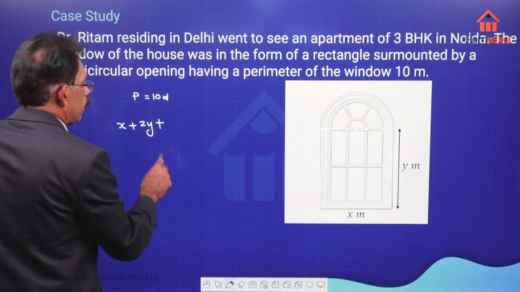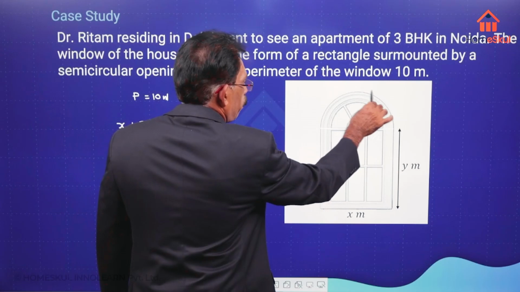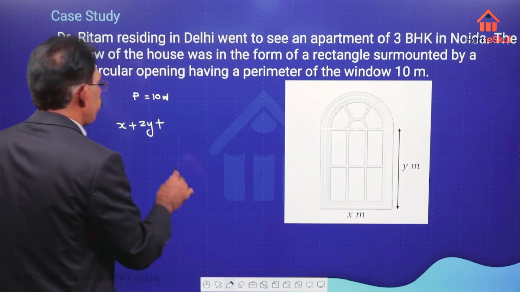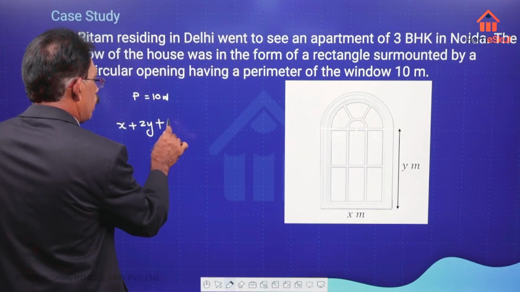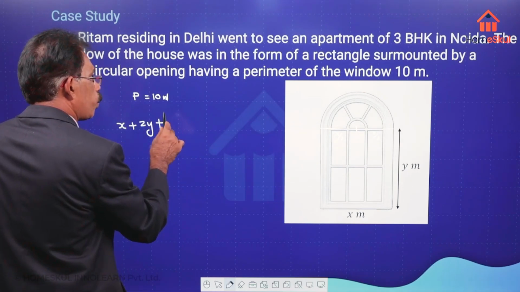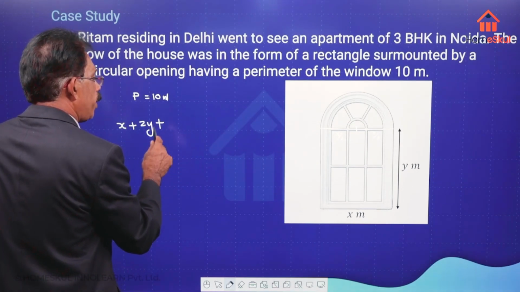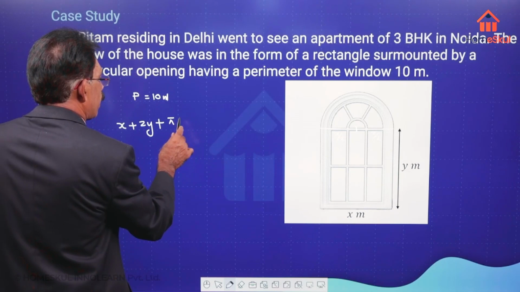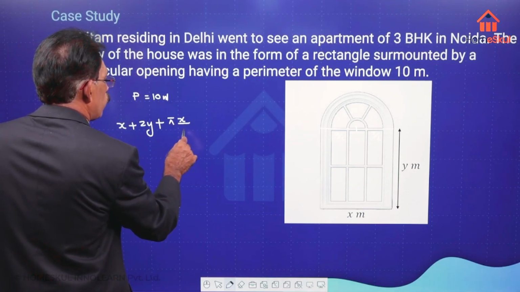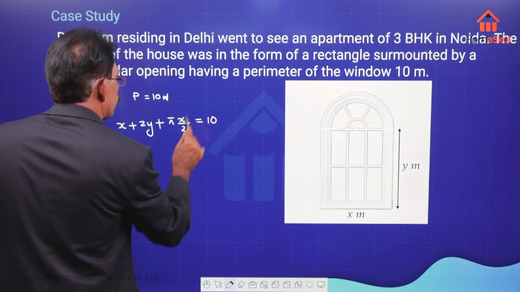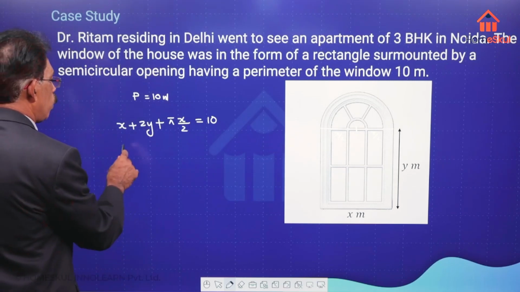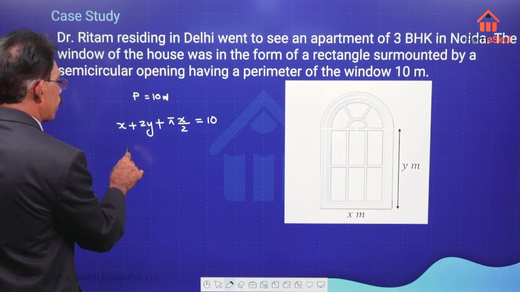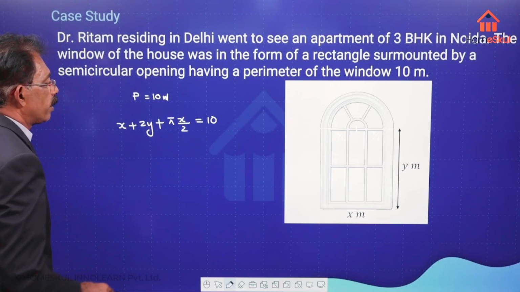Plus x plus 2y plus the perimeter of a semicircle. Perimeter of the semicircle is what? 1 by 2 into 2 pi r is pi r. R is what? X by 2. This is equal to 10. Isn't it? So this equation is x plus 2y plus pi x by 2 equal to 10.